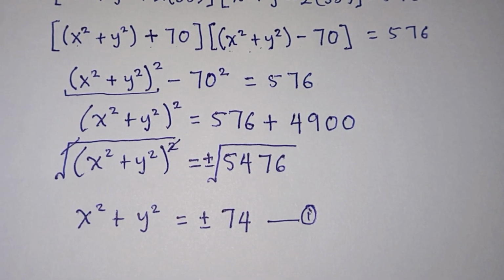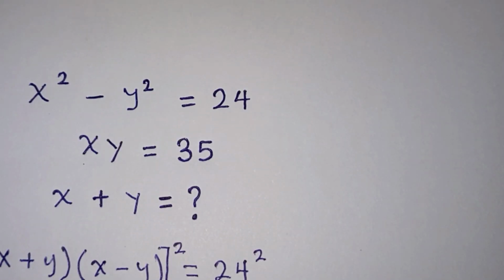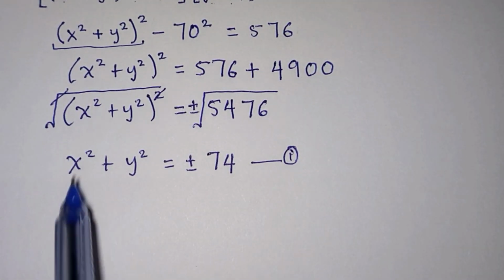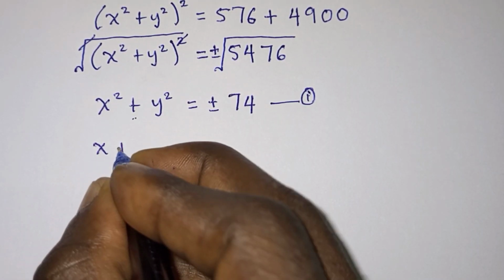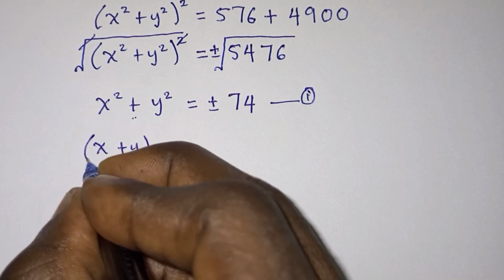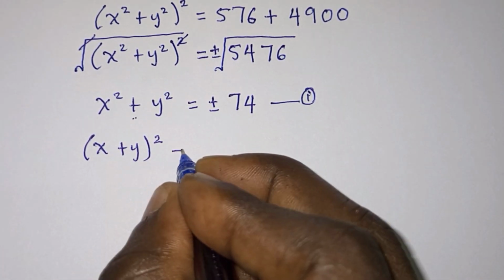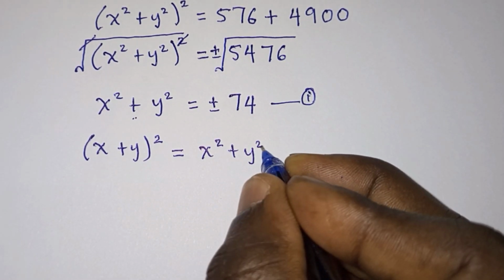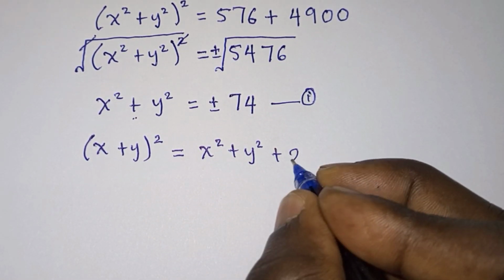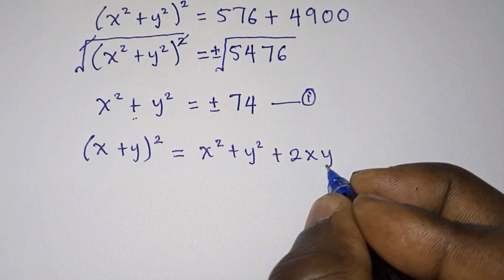But remember, in the question we are looking for x plus y, right? Now here is the deal. We know x squared plus y squared, and we also know xy, right? So if we raise x plus y to the second power, we will be getting x squared plus y squared plus 2xy.